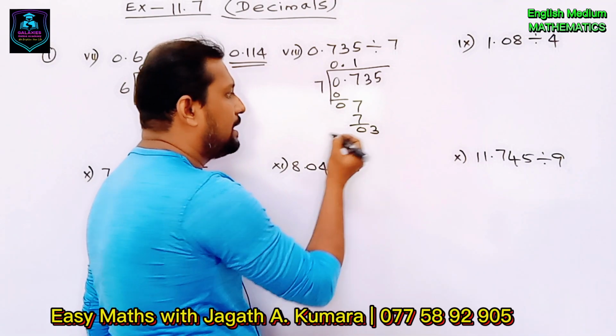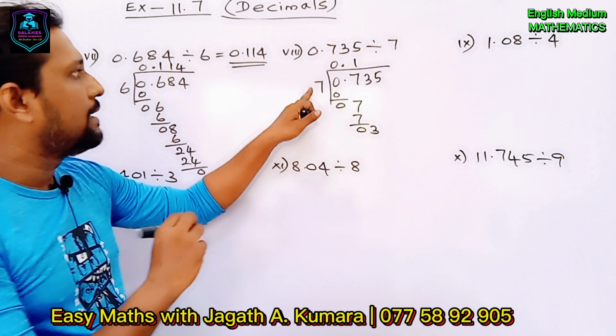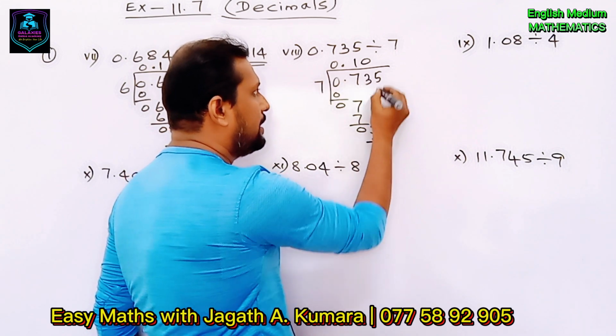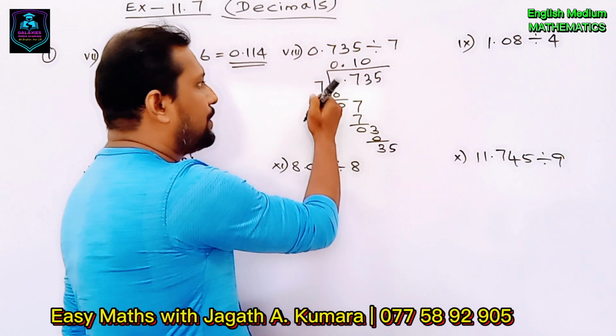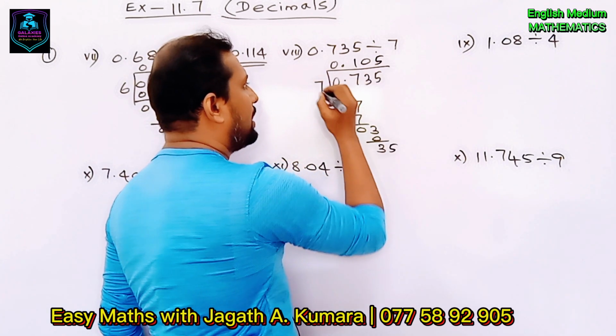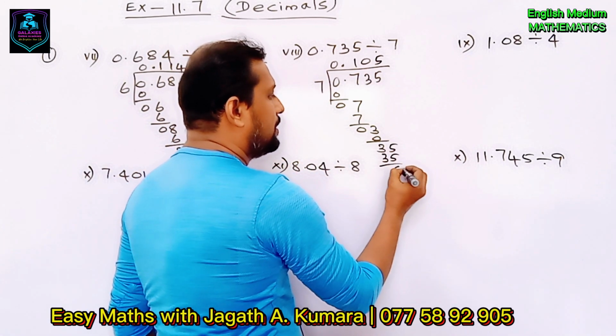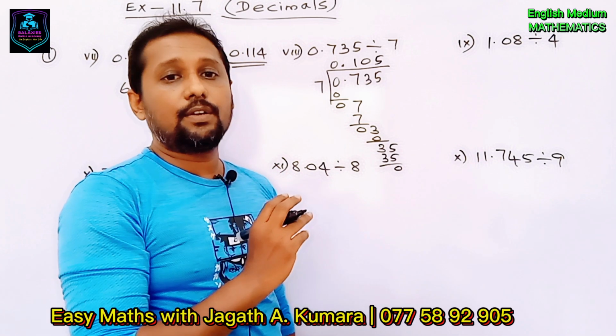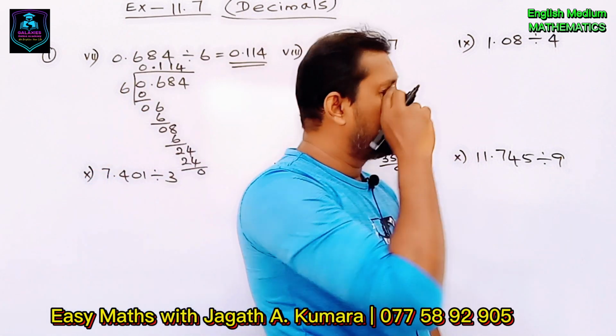Then this 3 take here. 3 divide 7, 0, 0 times 7, 0, remaining 3. 5 take. 35 divide 7, 5, 5 times 7, 35. Remaining 0. So what is the answer? 0.105. Right, then let's go to number 9.